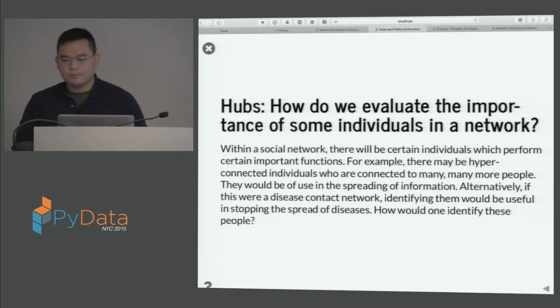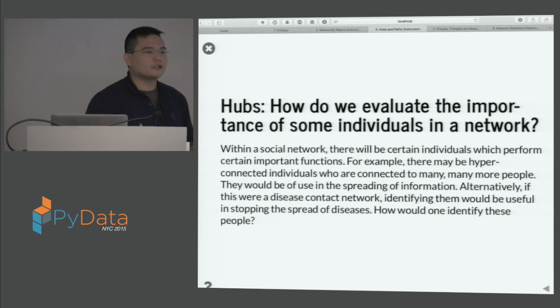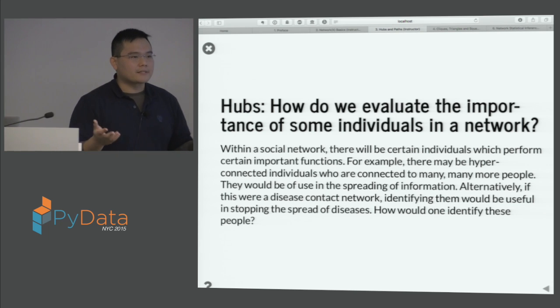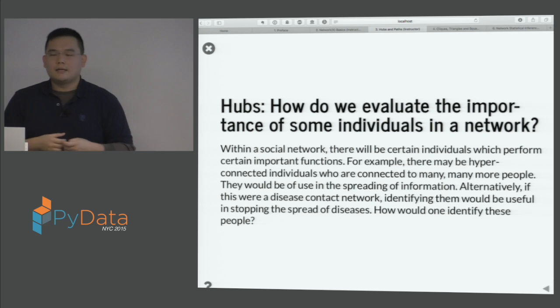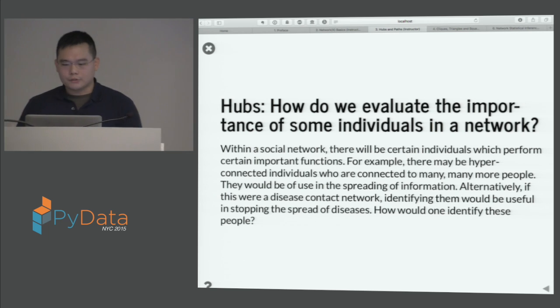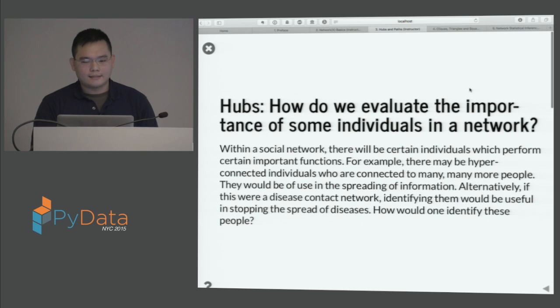In this notebook, we're going to look at the structure of the network. Previously, we had been interrogating what the edge list and the node list are. Now we're going to look a little closer at the structure of the network and see if we can identify individuals that are important in this synthetic social network.